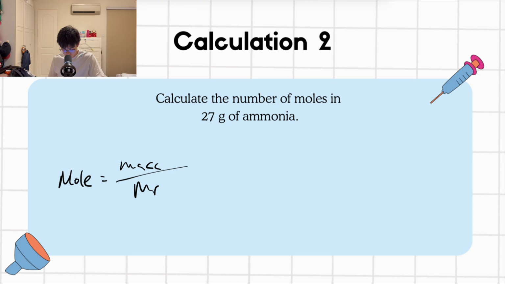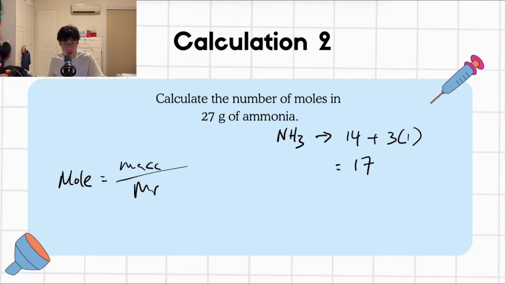So what's the chemical formula of ammonia? It is NH3. We know that the AR of nitrogen is 14 and the AR of hydrogen is 1. So it will be 3 times 1 because of 3 hydrogen atoms, and therefore the MR of ammonia would be 17.